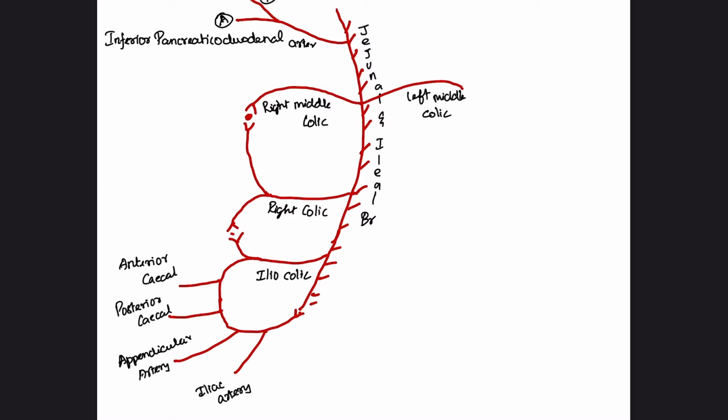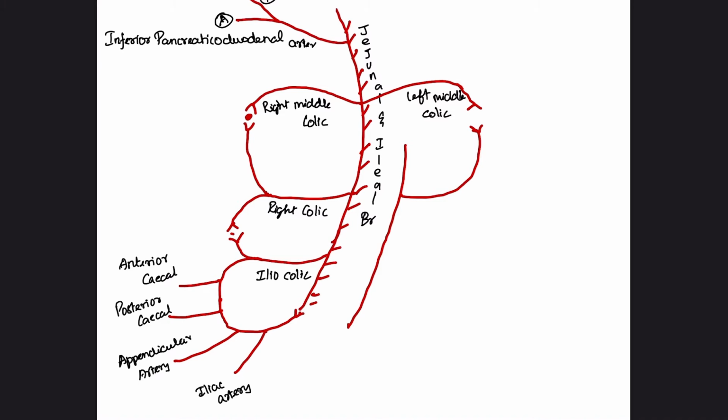Now, let us see about the inferior mesenteric artery. I will draw the inferior mesenteric artery first. This is inferior mesenteric artery. Similar to the superior mesenteric artery, the inferior mesenteric artery also has the left colic artery, similar to the right colic artery, which in turn anastomoses with the left middle colic artery from the superior mesenteric artery.